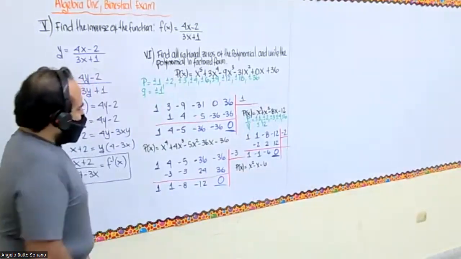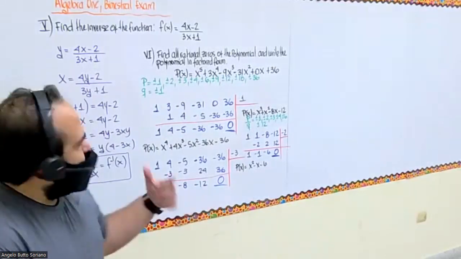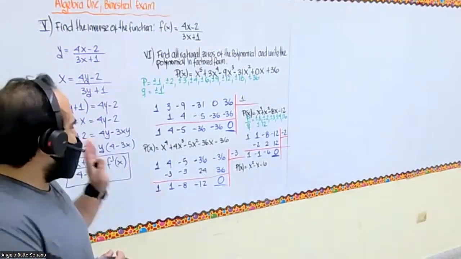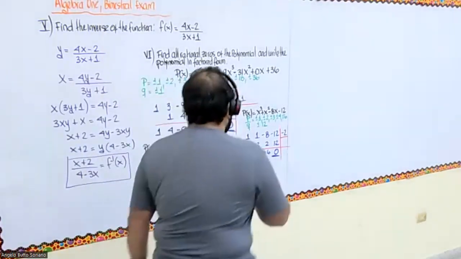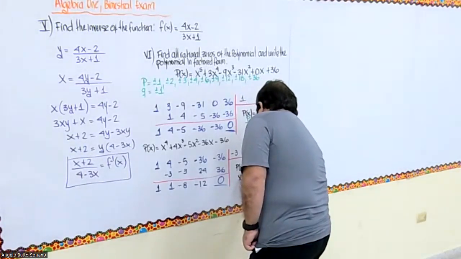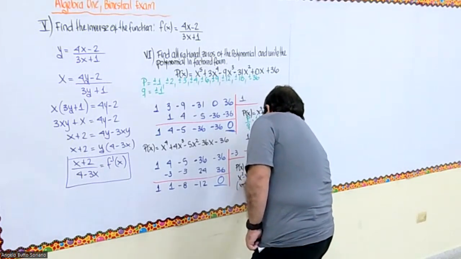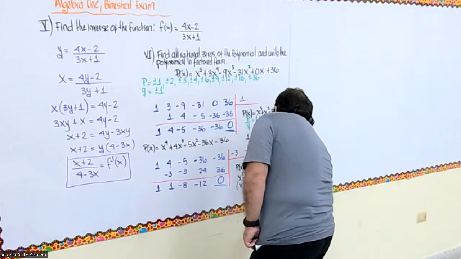At this moment, you don't need to create a new synthetic division. The only thing that you have to do in this case is set the equation equal to 0. I mean, x squared minus x minus 6 equals 0, x negative, x positive.